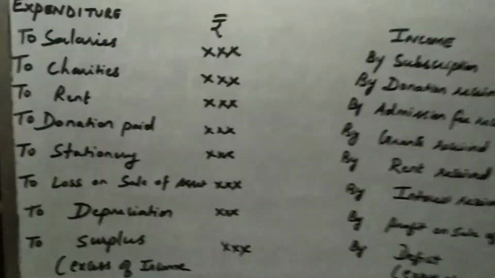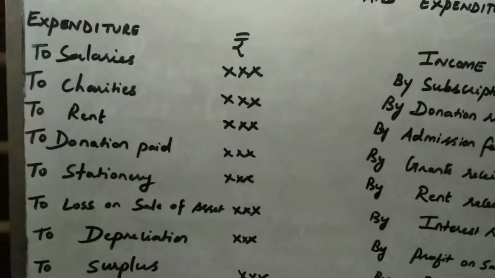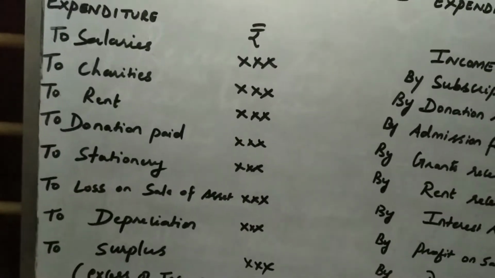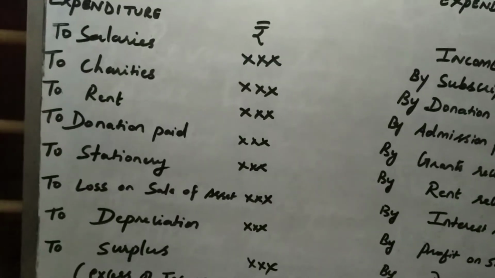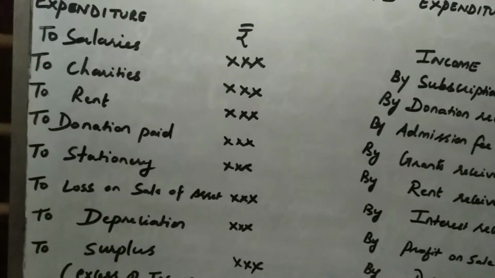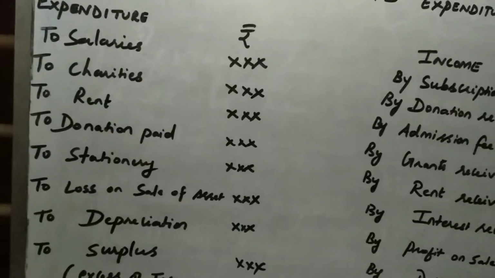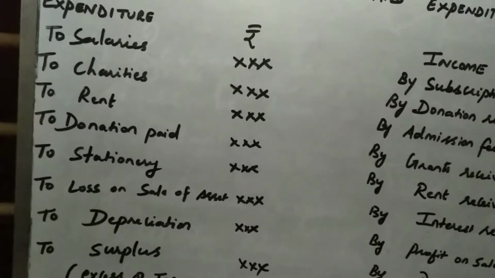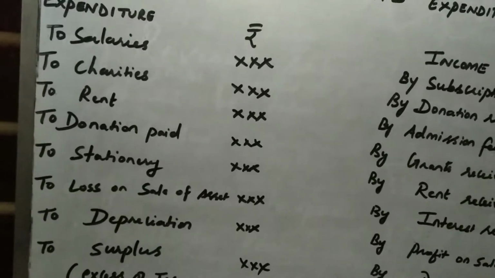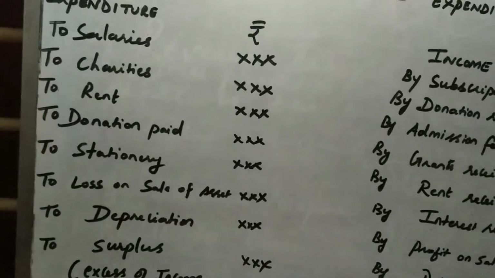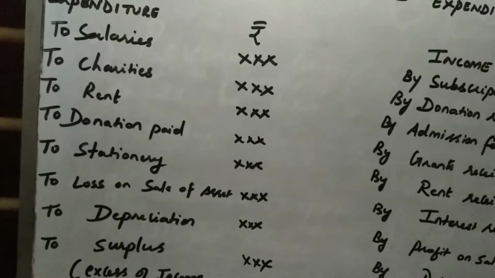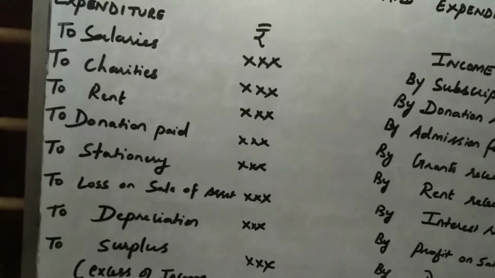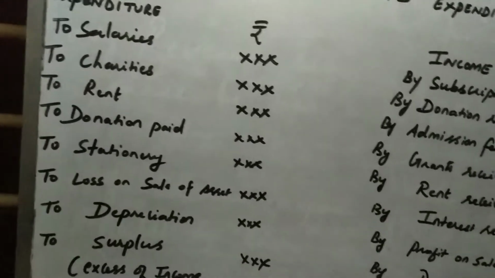So let us first look at the expenditure. To salaries. Salaries is an expenditure from the organization's point of view, so we are debiting that item. Then charities. Any amount given to charitable institutions comes under expenditure.